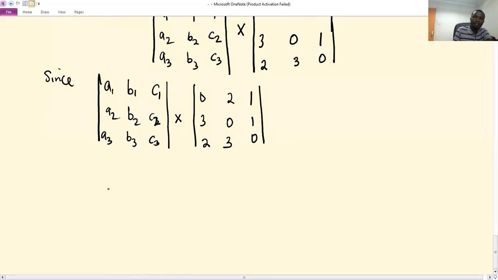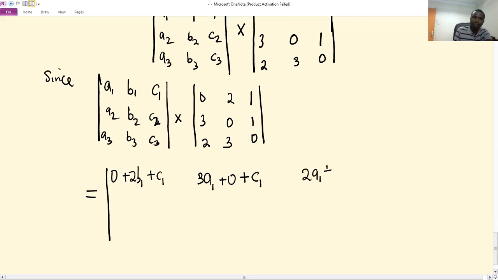this is the same as, remember, for the product of two determinants we multiply row by row. So A1 times 0 is 0, B1 times 2 is plus 2B1, C1 times 1 is C1, and then this row, A1 is 0, C1. And then this element here will be this row times this row.